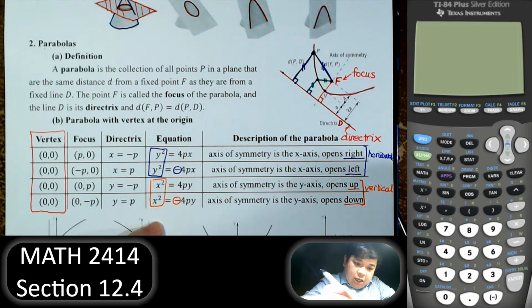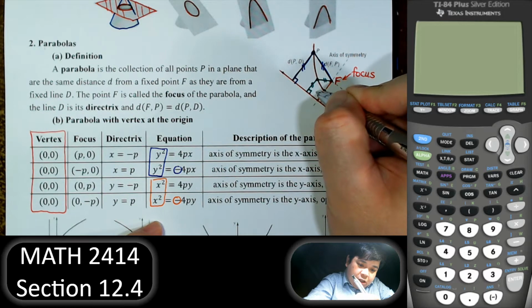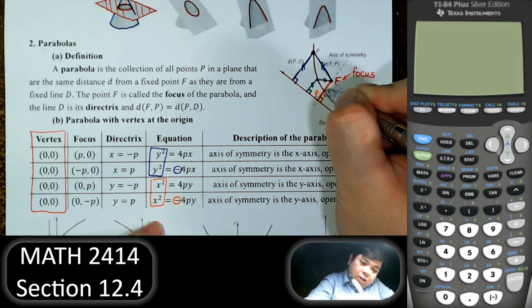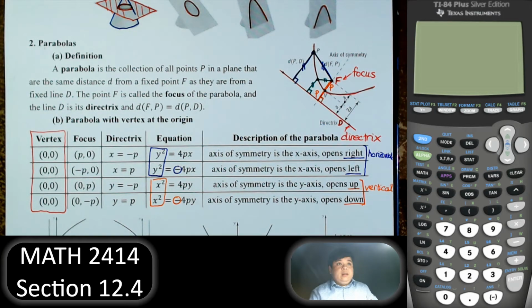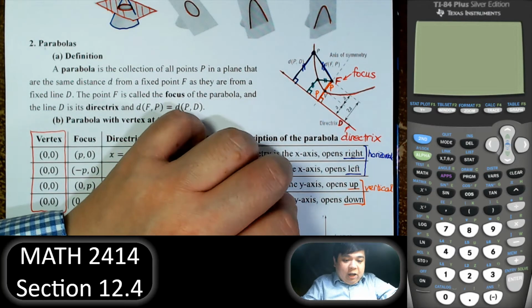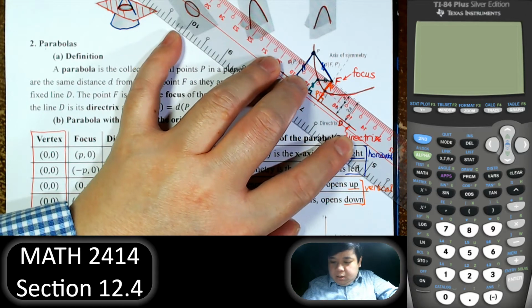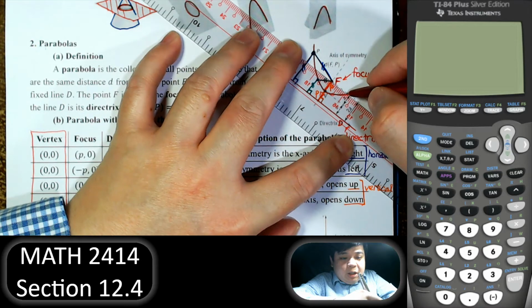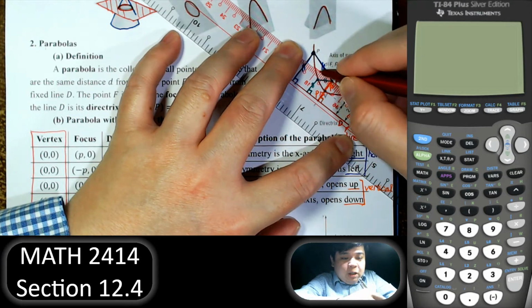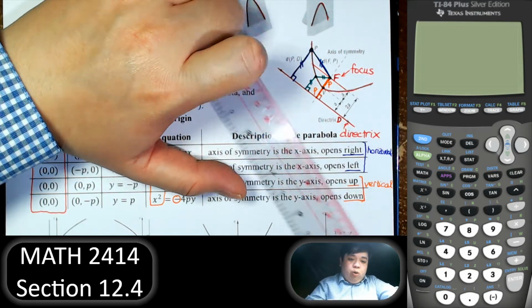So P is here, the distance from the vertex to the directrix, and the distance from the vertex to the focus. And we also have the point where it goes parallel to the directrix and through the focus, this is the length of the latus rectum equal to 4p.